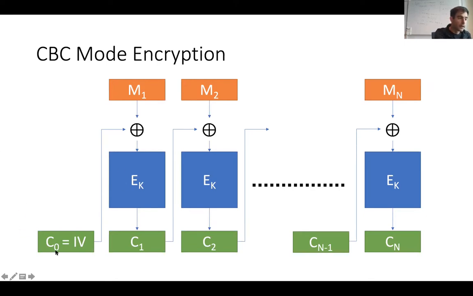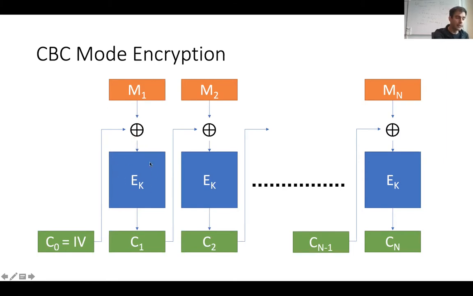You start by choosing a nonce. In this case, it's called IV, for initialization vector, which is the terminology usually used for nonces in the context of modes of operation. In CBC, the IV has to be chosen as a random string. So you choose a random number, and you XOR this random number with the message. You get some value.